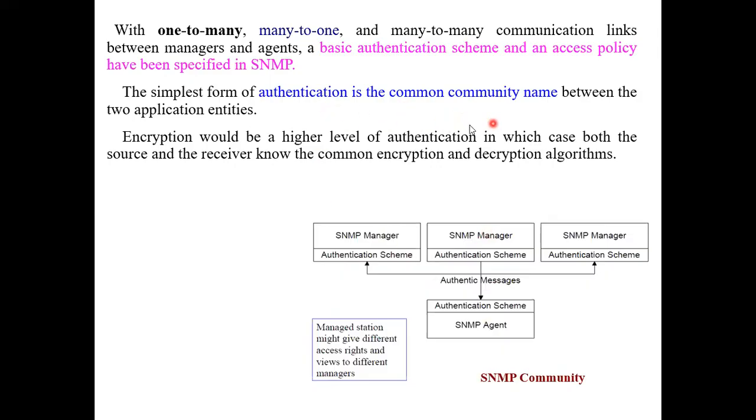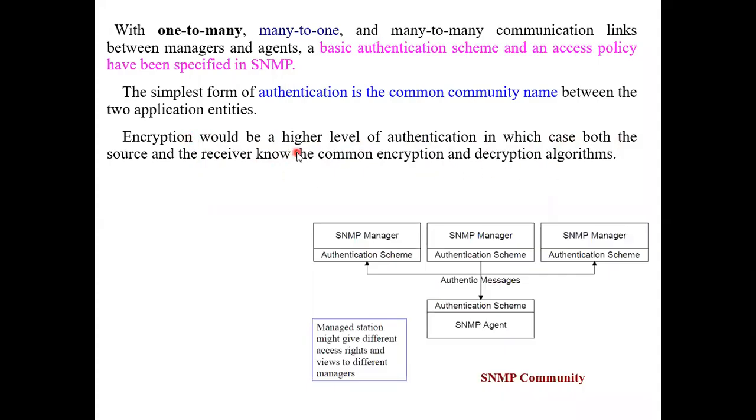So by bringing the manager and agent into a common community, we will give them a community name. I will show you one diagram. It will be easier for you to understand this. By bringing the manager and agent into a common community, I can say that now they can interact with each other. Now, encryption would be a higher level of authentication, in which case both the source and the receiver know the common encryption and decryption algorithm.